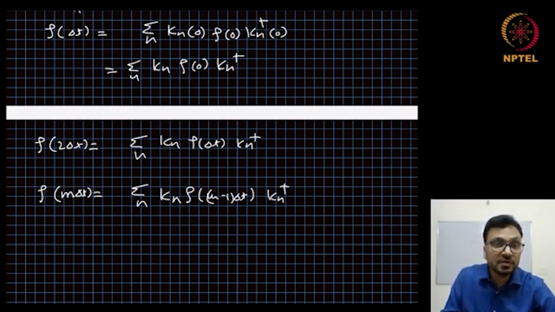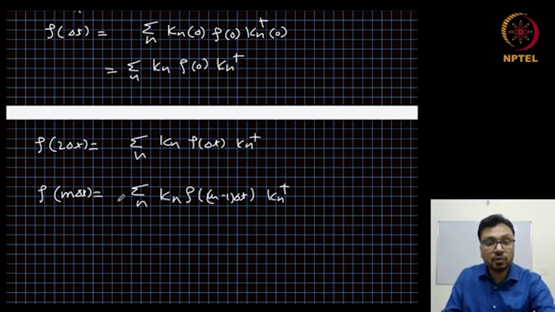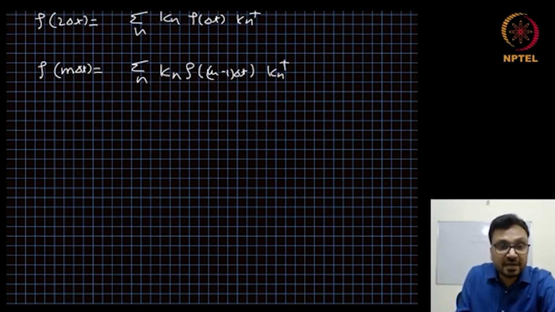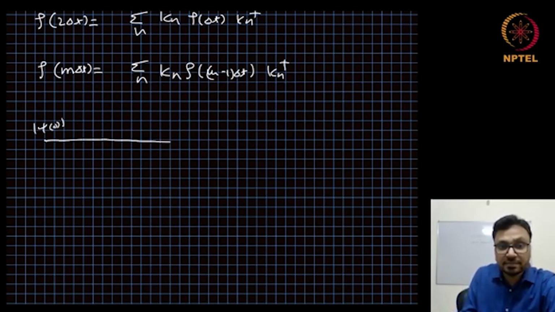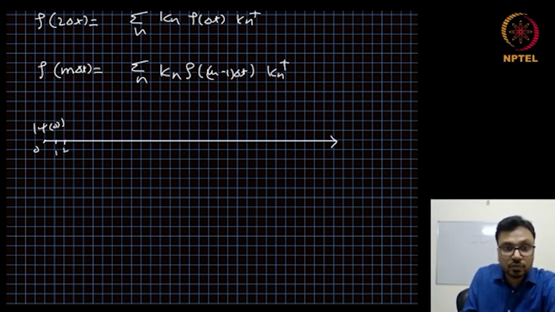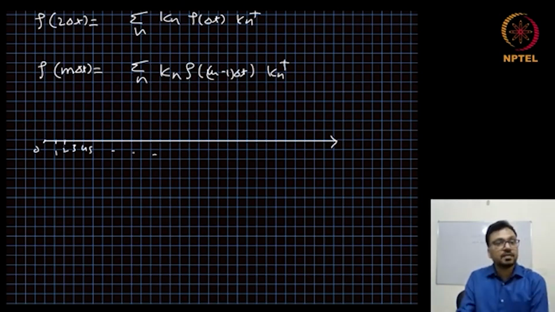But here still we are using the density matrices at every instance of time. So what we can do is, let us say the initial state is the pure state psi of 0. We have discretized the time, so we have t equals 0, 1, 2, 3, 4, 5, and so on.